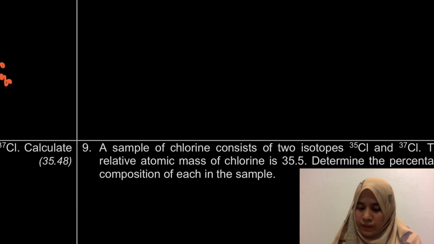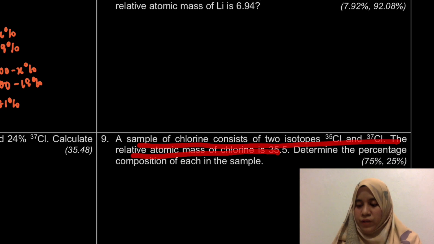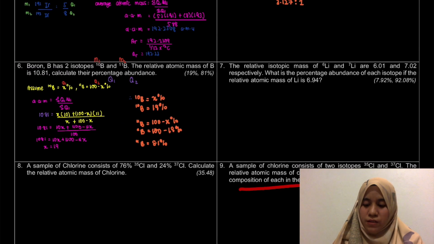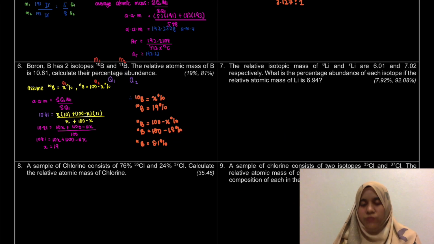And last one ni, a sample of chlorine consists of 2 isotopes and relative atomic mass is 35.5. Determine the percentage composition. So question 6, 7 and 9 tu is the same one. So if you're unsure, you should try yourself. If you have any problem, you could ask me. Okay, so that's it. The last of the calculation of relative atomic mass.